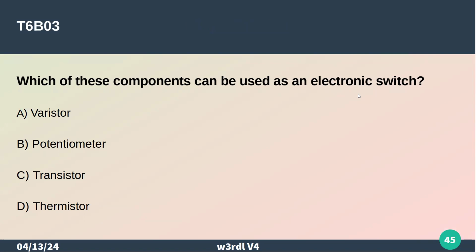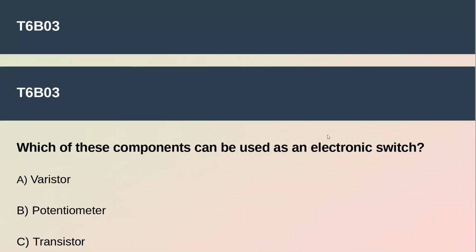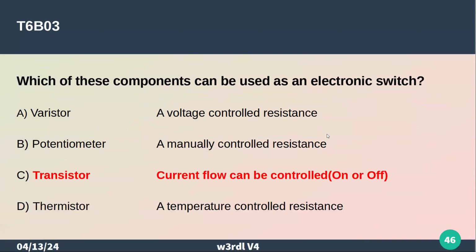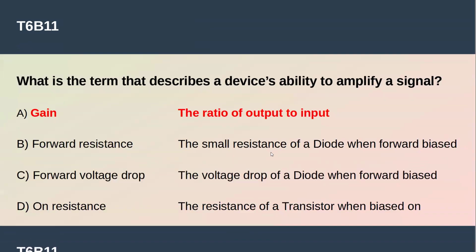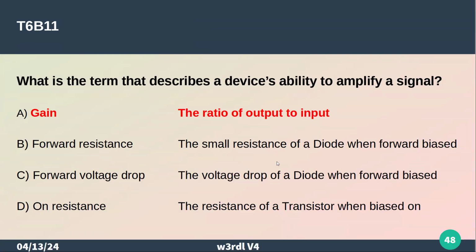Which of these components can be used as an electronic switch? Charlie. Charlie sounds good. What is the term that describes a device's ability to amplify a signal? Alpha. Is it up? Oh, gain. All right, gain.